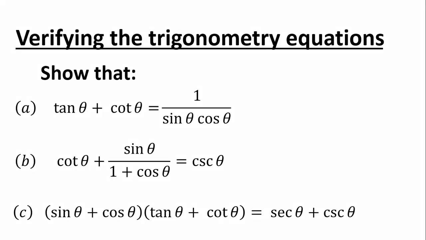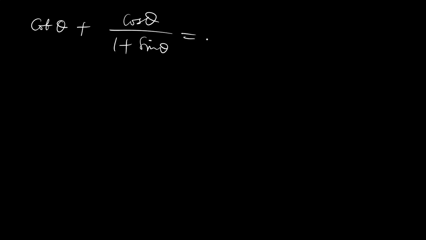The next question is to show that cot theta plus cos theta divided by 1 plus sin theta is equal to cosec theta.